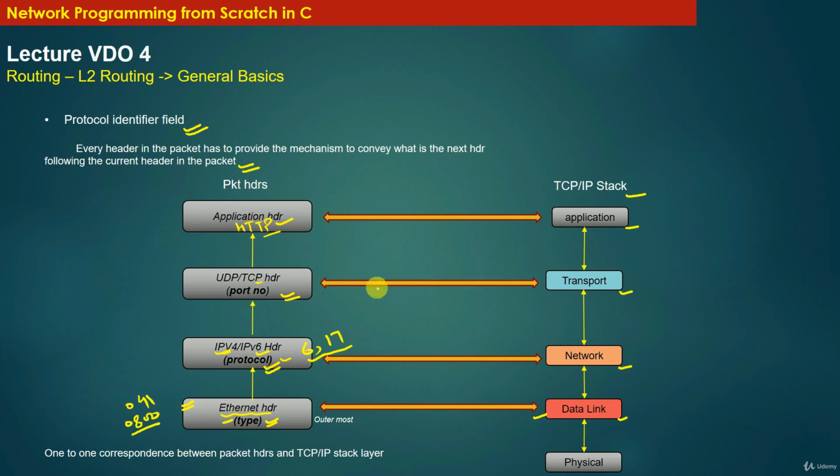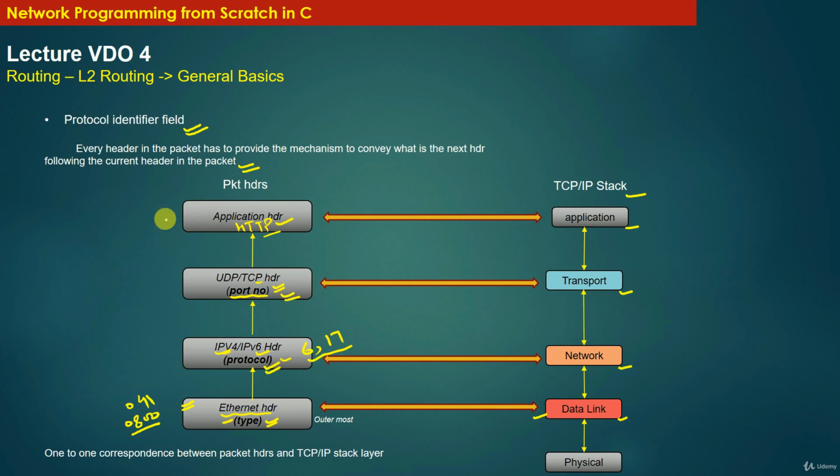Similarly, if the transport layer protocol being used is either UDP or TCP, then the header of the UDP or TCP protocol contains a field called port number. Using this port number, the operating system identifies which application is interested in receiving a particular type of packet.